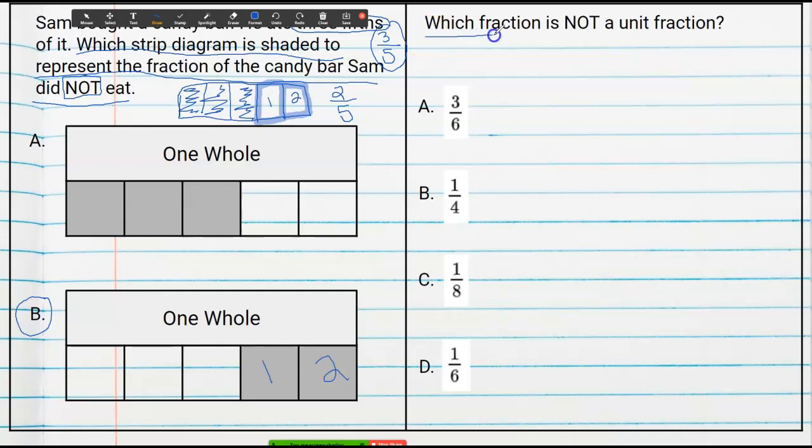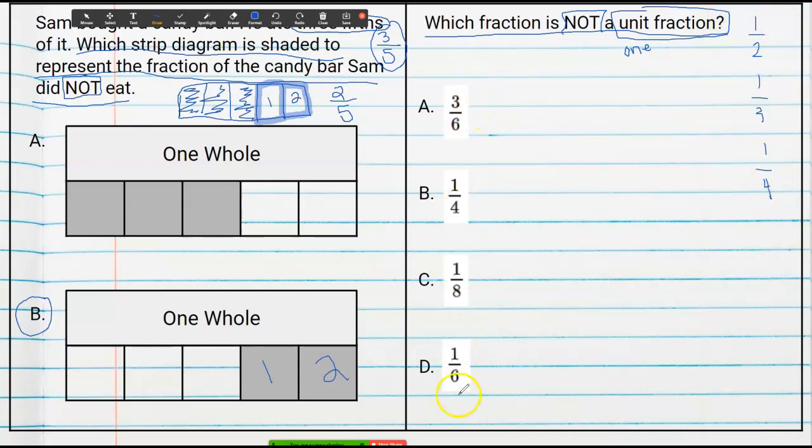Alright, the next question, which fraction is not a unit fraction? So we haven't talked about unit fractions in a few weeks. Okay? Remember, a unit fraction is represented by a 1 in the numerator. So 1/2, 1/3, 1/4. Okay, a unit is 1. So whenever you see a unit fraction, there's always going to be a 1 represented in the numerator.